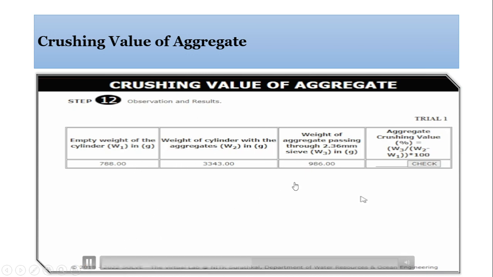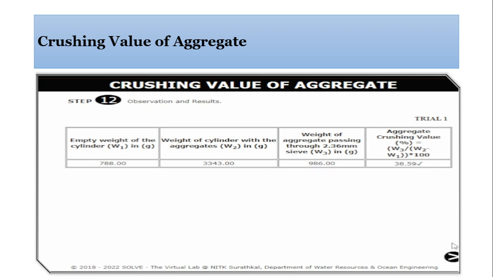Calculate that with the help of this formula. After calculating this, the value becomes 38.59. So trial 1 is complete.